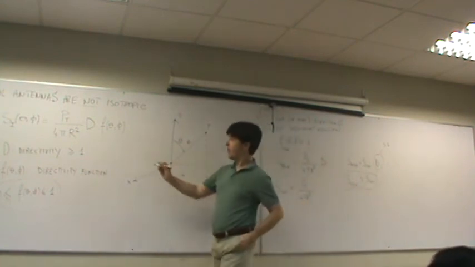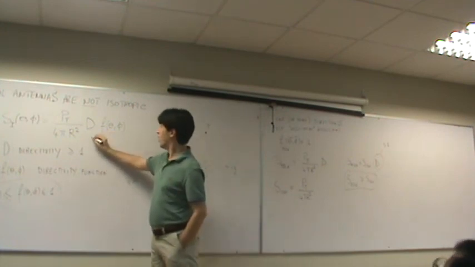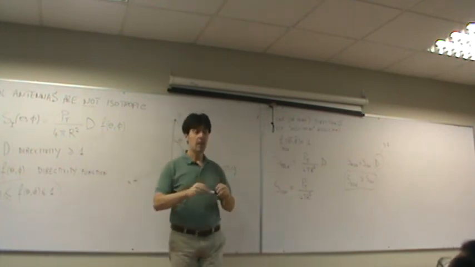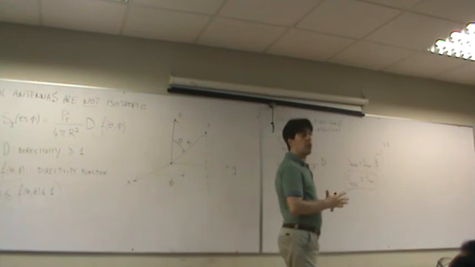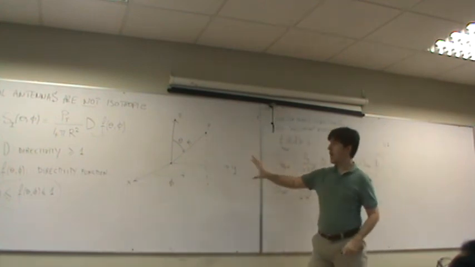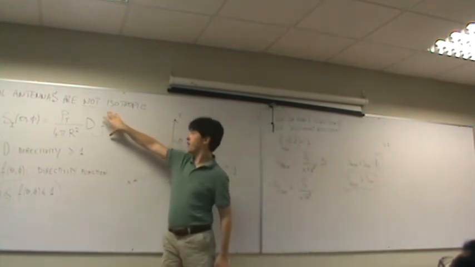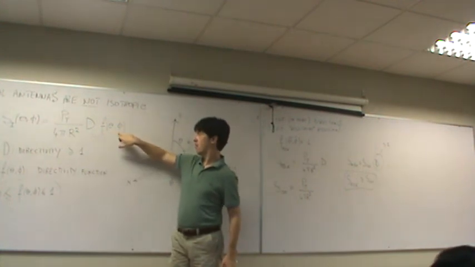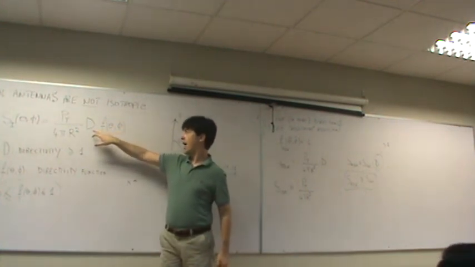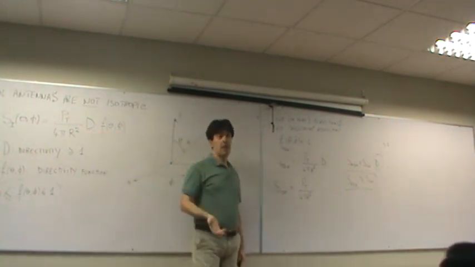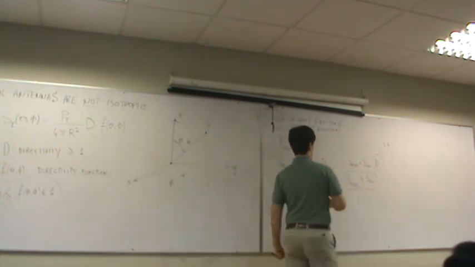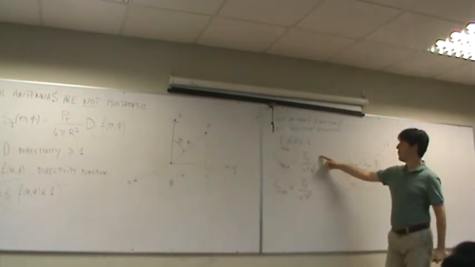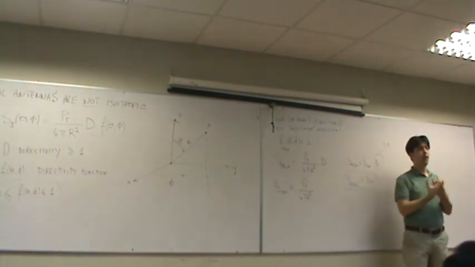So there must be a relation between those two parameters. There must be a relation between the way the antenna radiates in space and the value of the directivity, of how stronger is the field.